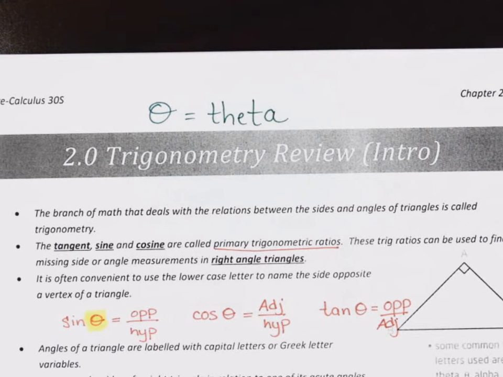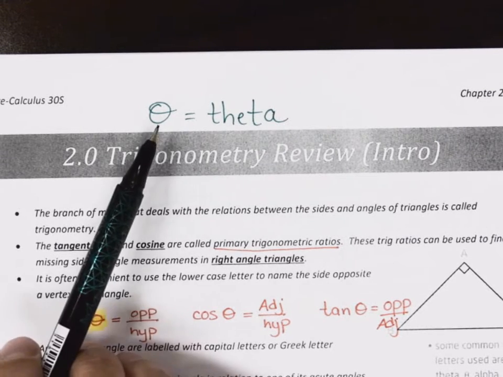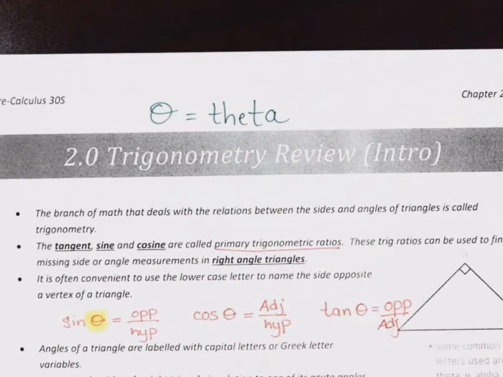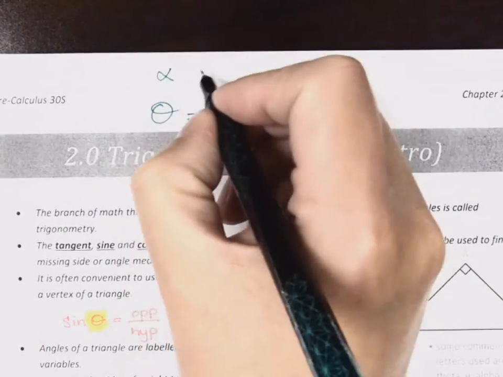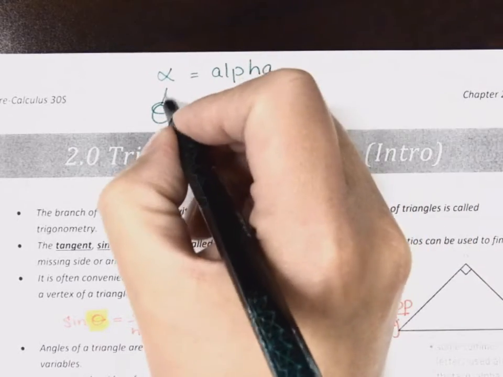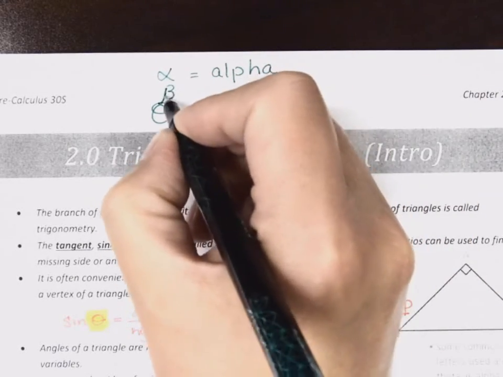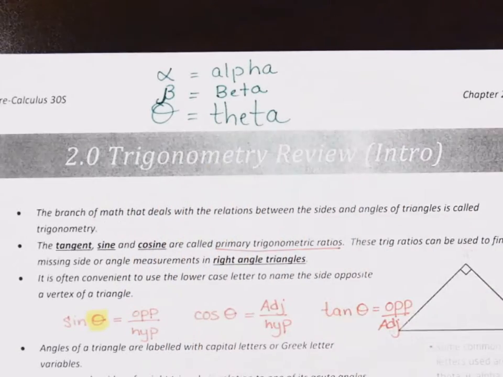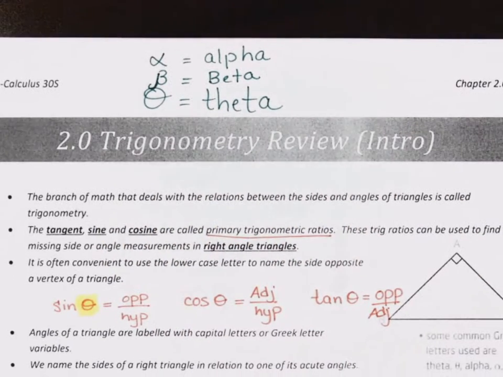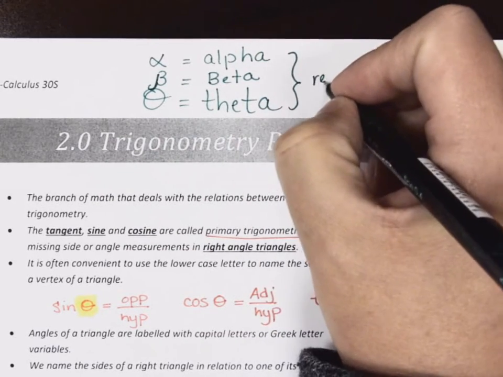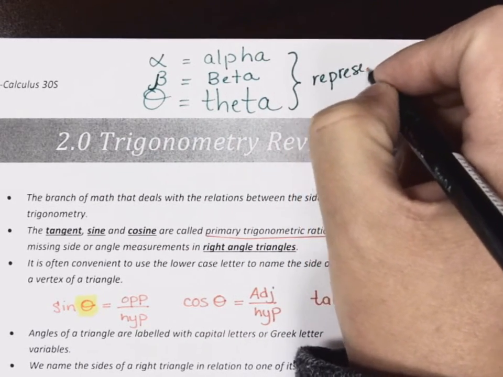But I find that angles, we usually represent them by Greek letters. So theta is our general one. We like to use alphas. And we like to use beta. And beta is a B with like a tail on it. So those are my Greek alphabets. We usually use these to represent an unknown angle.